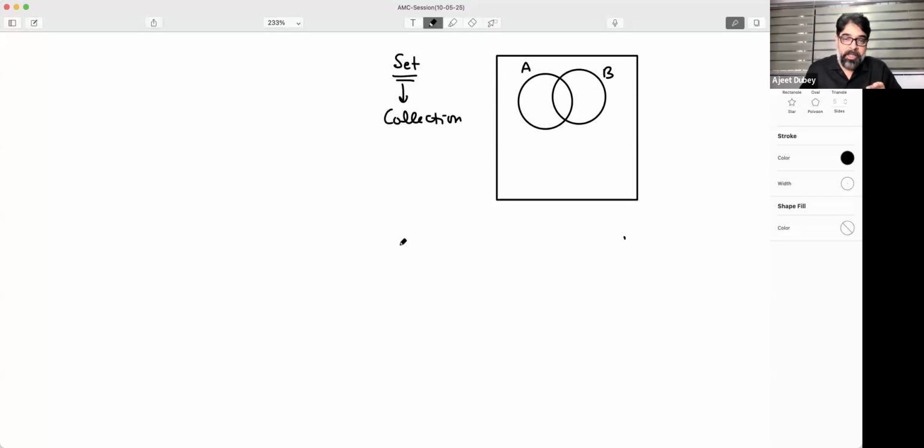So A union B means either A or B or both. This is the way of writing. This symbol is called the intersection. A intersection B means A and B both.